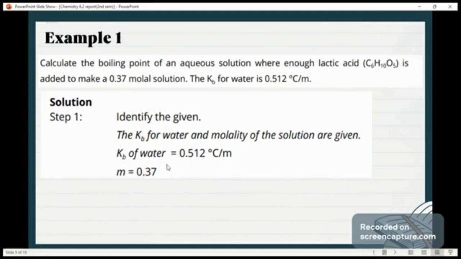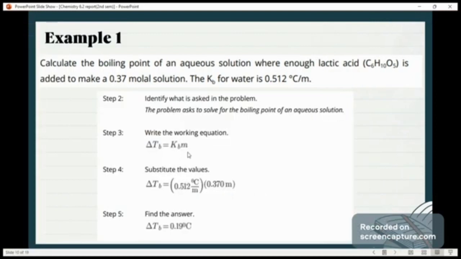As you can see in the equation, this is the working equation here. The main problem is that we have to calculate the boiling point elevation. So the formula for it is this one. Now we have to substitute the values.